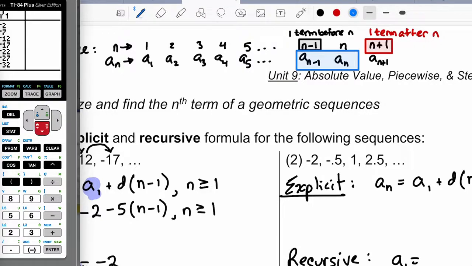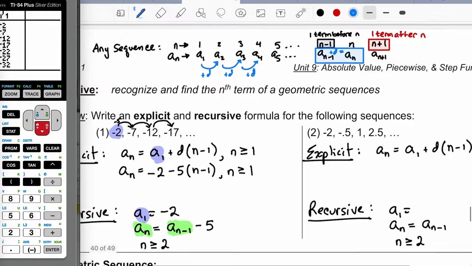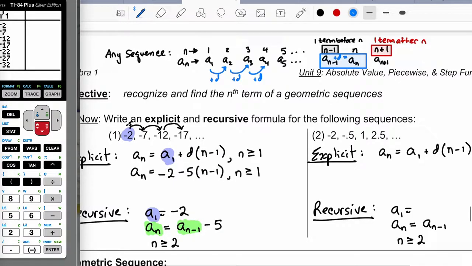So if I'm telling you that we're going d units every step of the way, plus d plus d plus d, and you could do that for all those finite values, then it would make sense that the relationship would be that you would take a sub n plus 1, add d to it, and that would give you a sub n. So that's where that whole relationship is coming from. All right, in this case, d happened to be a negative number, so we subtracted, but it's the same theory.